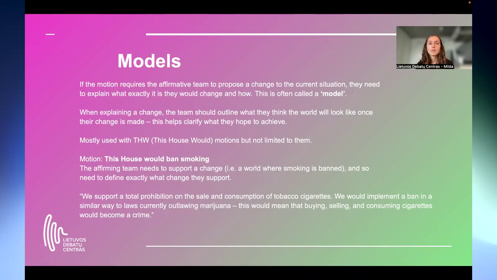That's already implemented in many countries, right? So you could just, in your model, juxtapose the ban of smoking tobacco on the ban of marijuana. So obviously, that means buying, selling, consuming would become a crime, irrespective of how old you are, or other considerations.